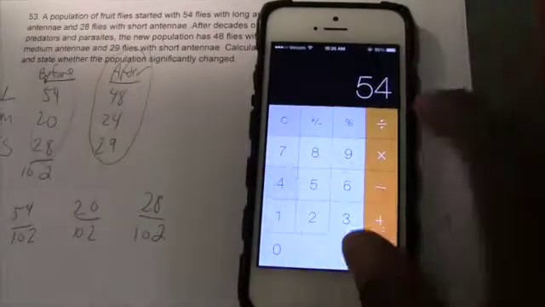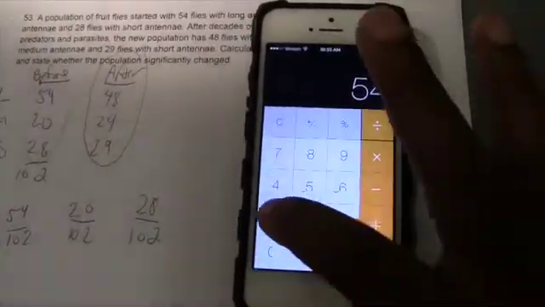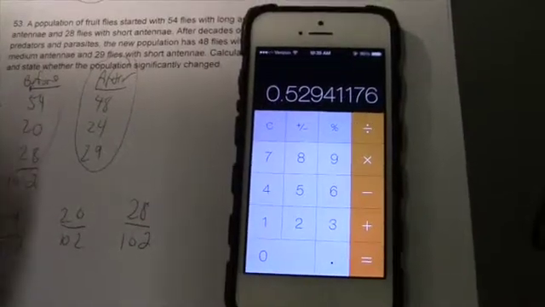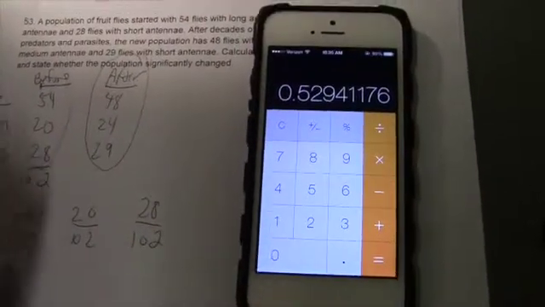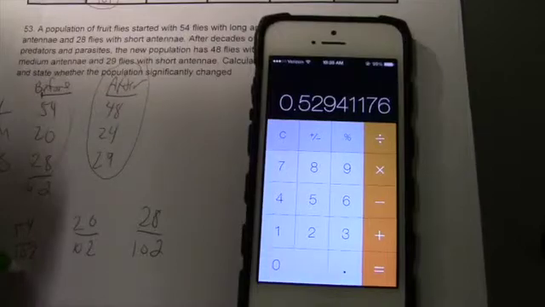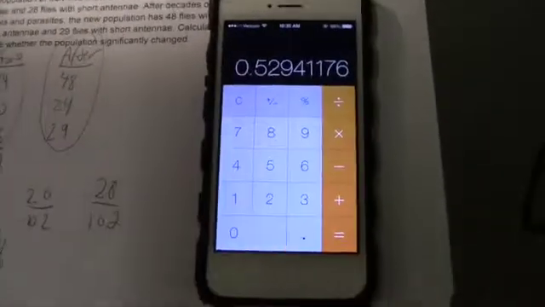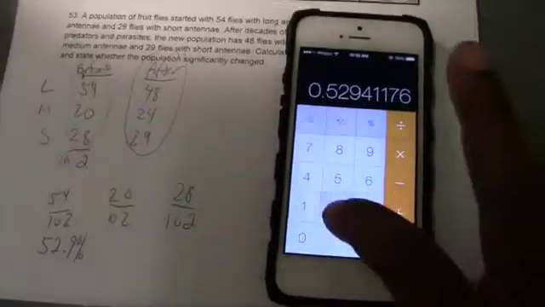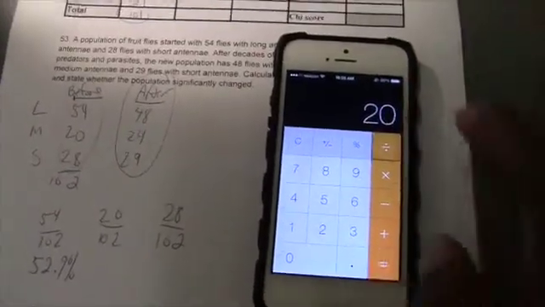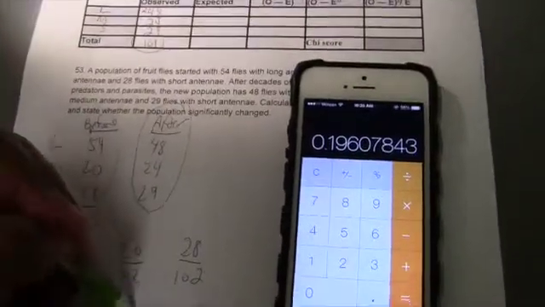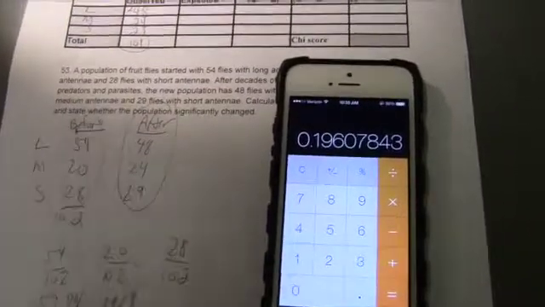So 54 divided by 102 is 0.52, multiplied by 100 to get a percentage. So that's 52.9%. And let's do the others. So that's 19.6%.